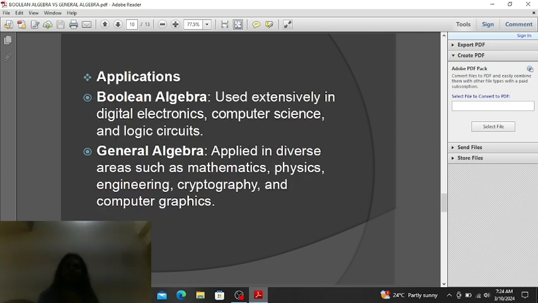So what are the applications of Boolean algebra and general algebra? Boolean algebra is extensively used in digital electronic subjects like computer science and logic circuits, whereas general algebra can be applied in diverse areas such as mathematics, physics, engineering, cryptography, and computer graphics.